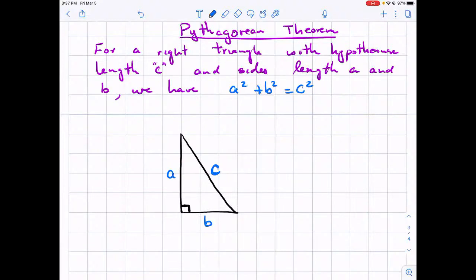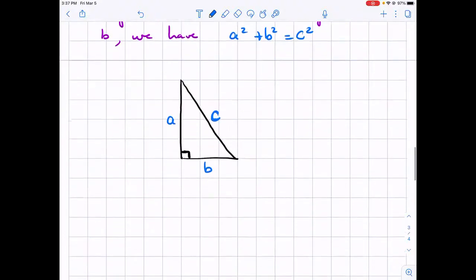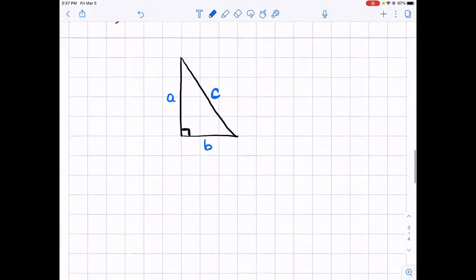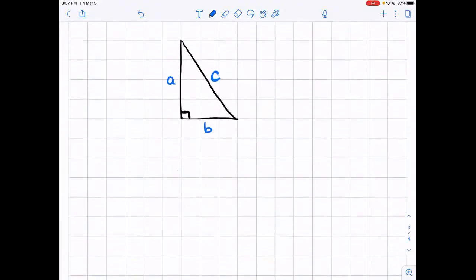What this is telling us is that if we take the two shorter legs of the triangle, A squared plus B squared, that is equal to C squared. And that's the Pythagorean theorem formula.